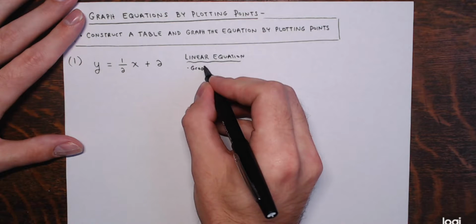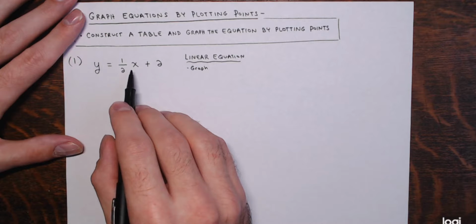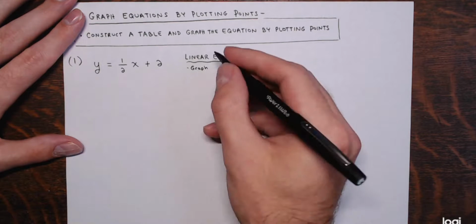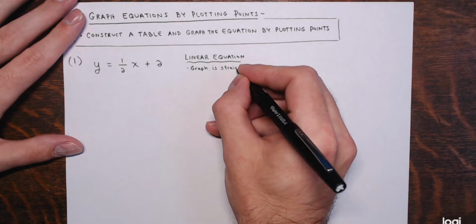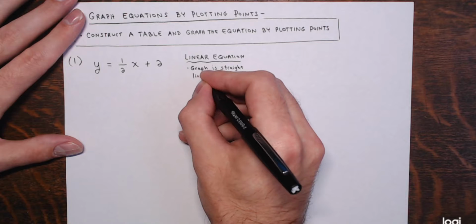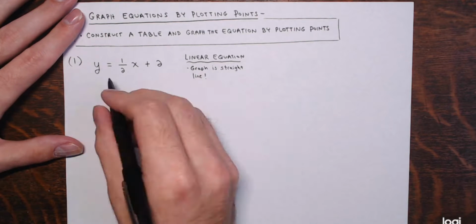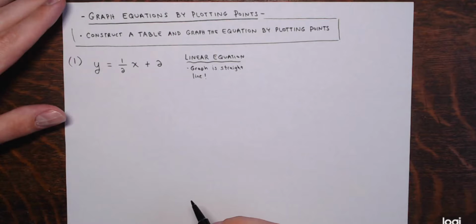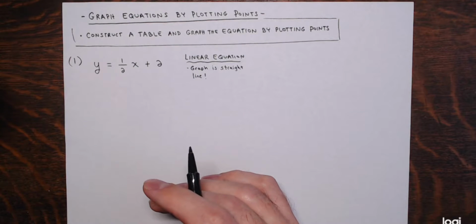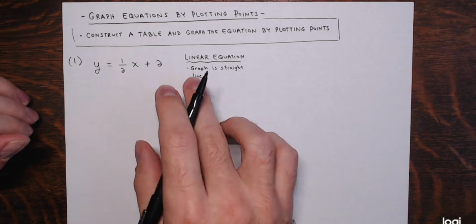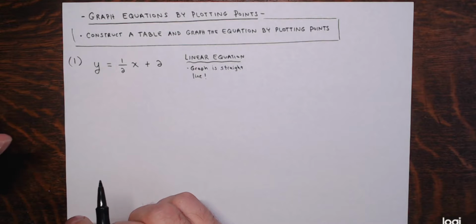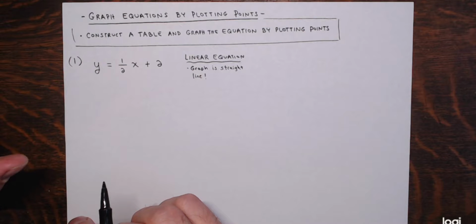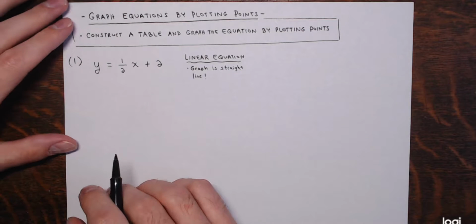When I go to plot all the ordered pairs that satisfy this equation, the graph will form a straight line. And if that's the case, then your equation is a linear equation. Now, of course, in future videos, we're going to see equations that aren't linear, whose graphs will not be a straight line. So please be aware that not every graph will be a straight line, but they will be for this video.